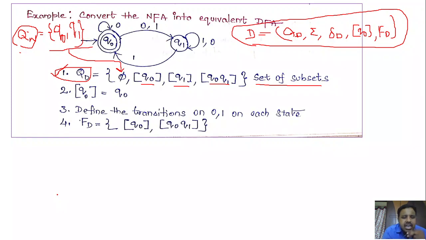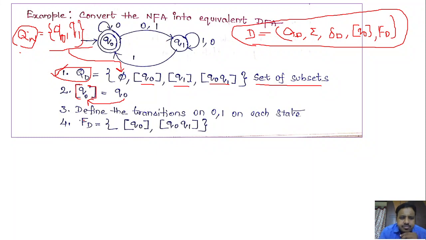Hence the algorithm name is subset construction algorithm. Next, Q0 is the starting state in the NFA, and the same state will be the starting state in the DFA. To distinguish it from the NFA, we enclose that Q0 in square brackets.